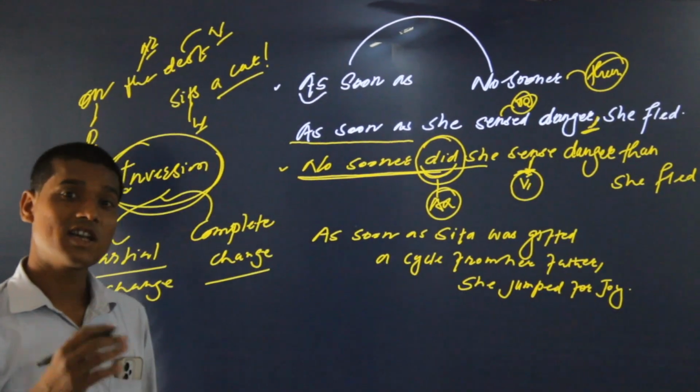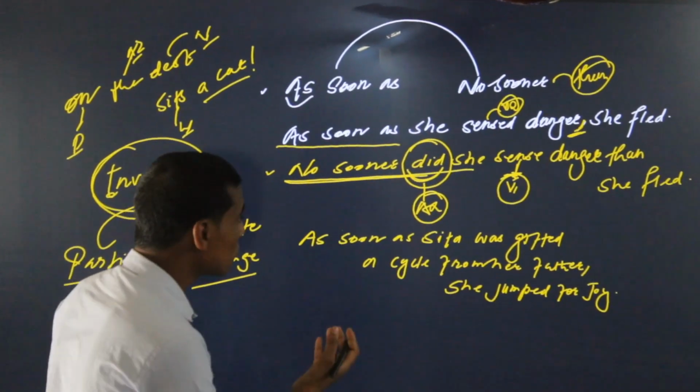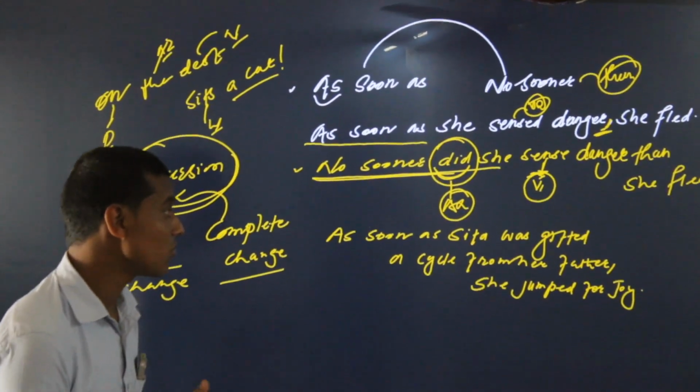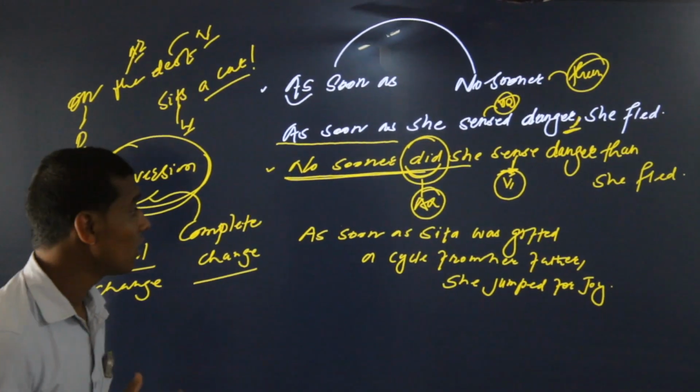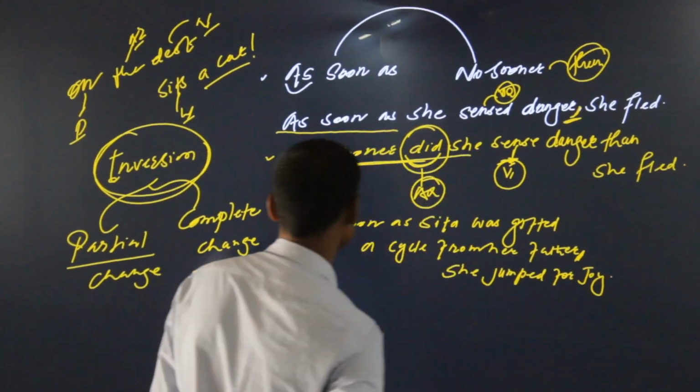Now, we are going to transform this sentence. The sentence says, as soon as Sita was gifted a cycle from her father, she jumped for joy. Don't forget the comma over here.